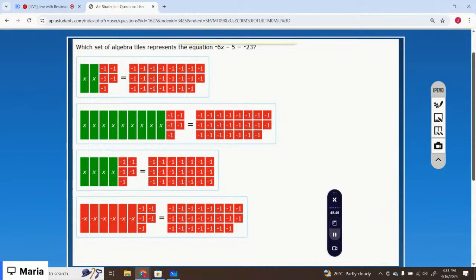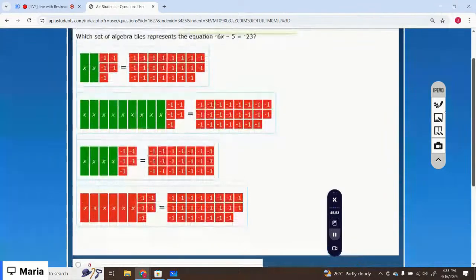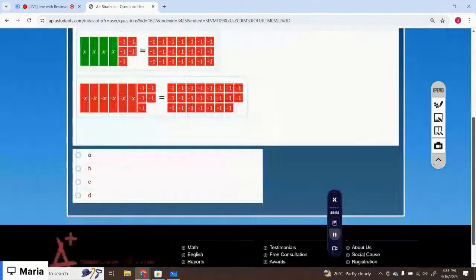Option number D is the correct option. D represents negative 6x minus 5 equals negative 23, representing the numbers.